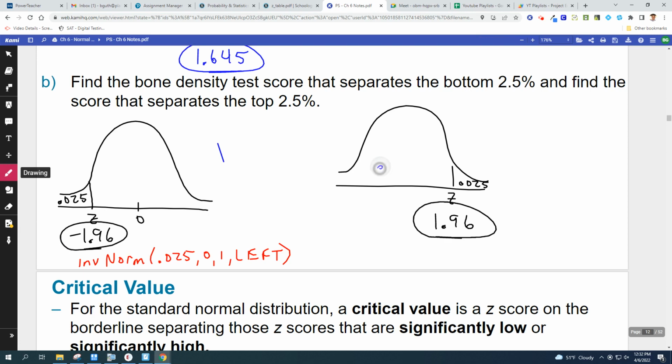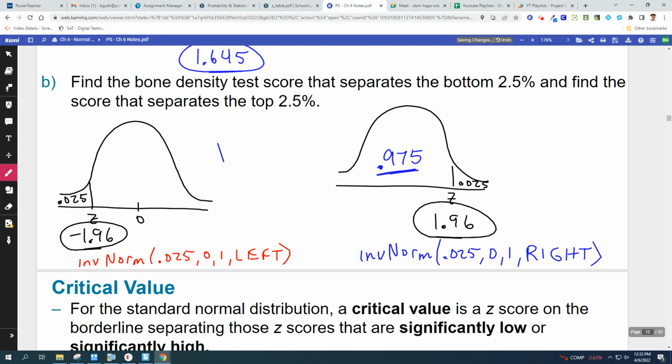The table only deals with the left side, so really what you'd have to do is find the left side. You'd have to find 0.975 in that table to get your value. If you're using your calculator though, inverse normal, you have 0.025 and 0 and 1 and right.